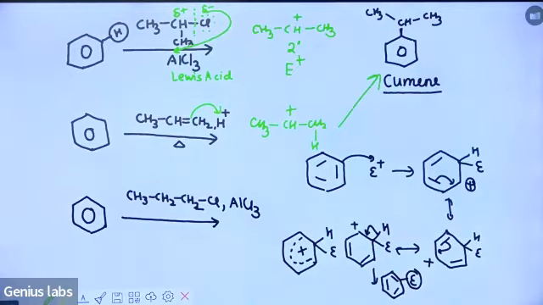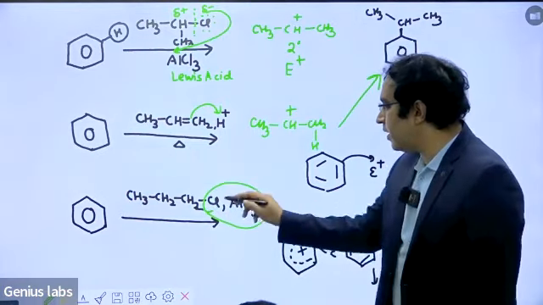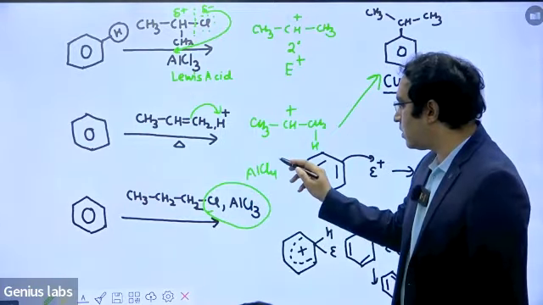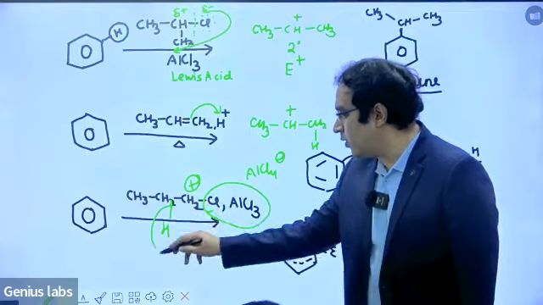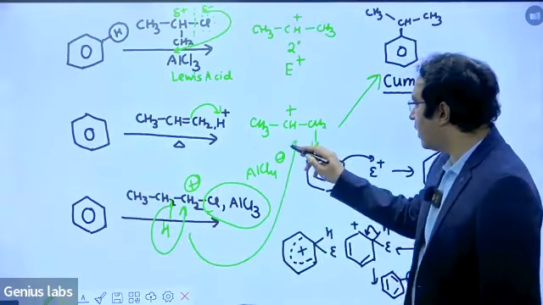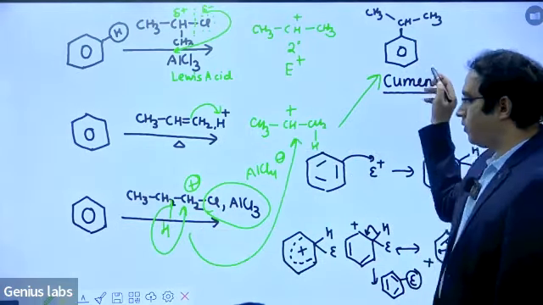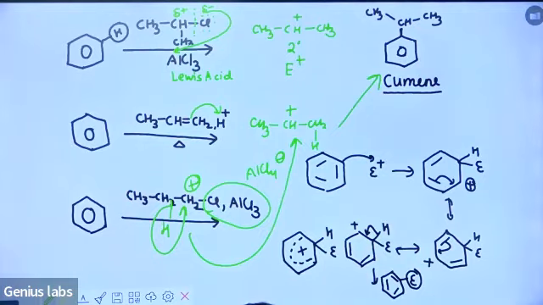Same answer. And in the last case, Cl minus will become AlCl4 minus. This will be a plus. This hydrogen hanging here will do a hydride shift and again form this. Can you do these things? How many of you understand all three of them will end up with the same answer, cumene?